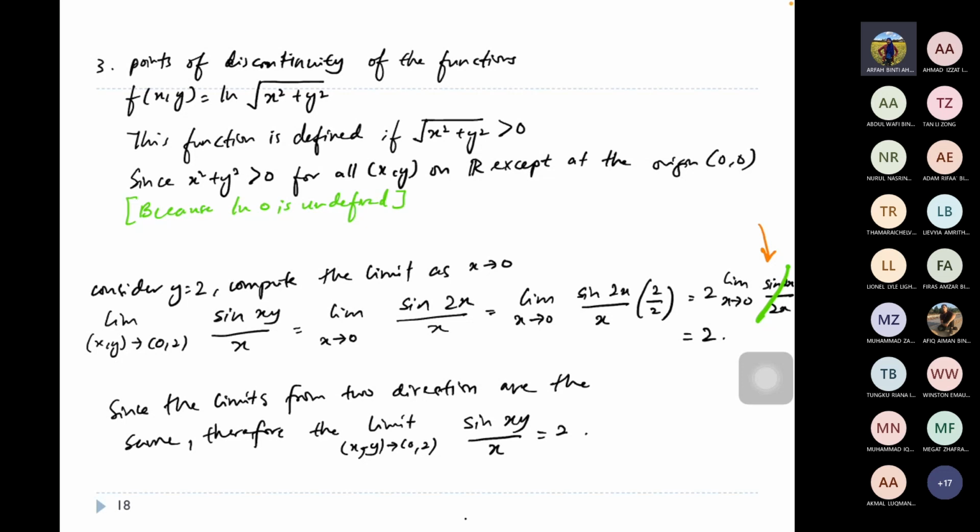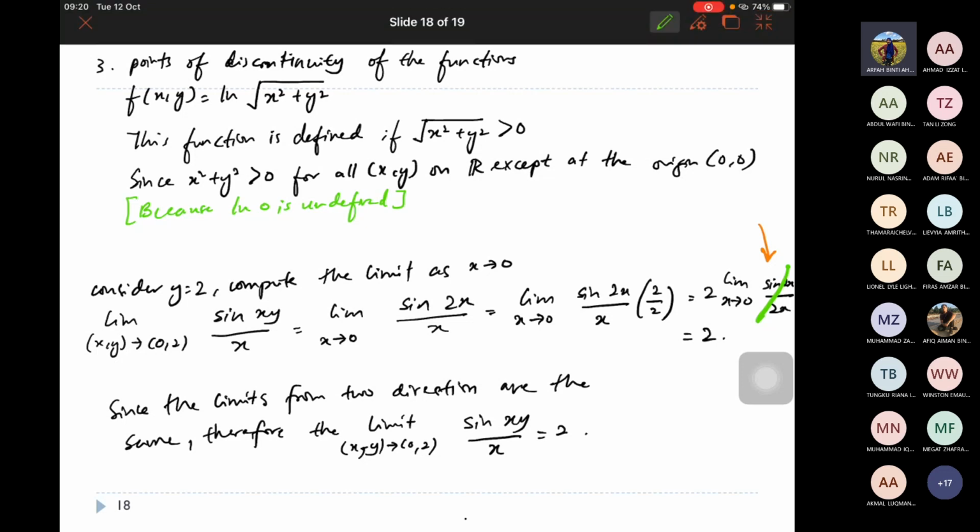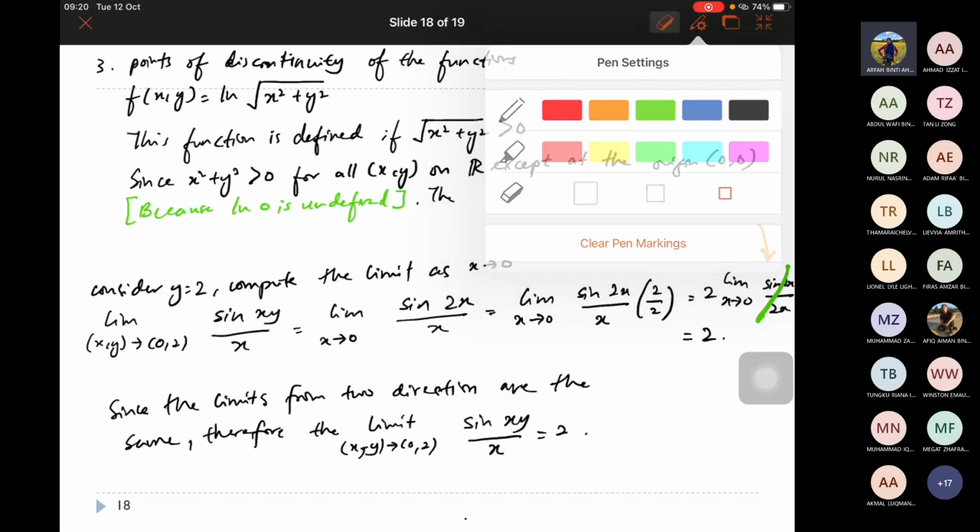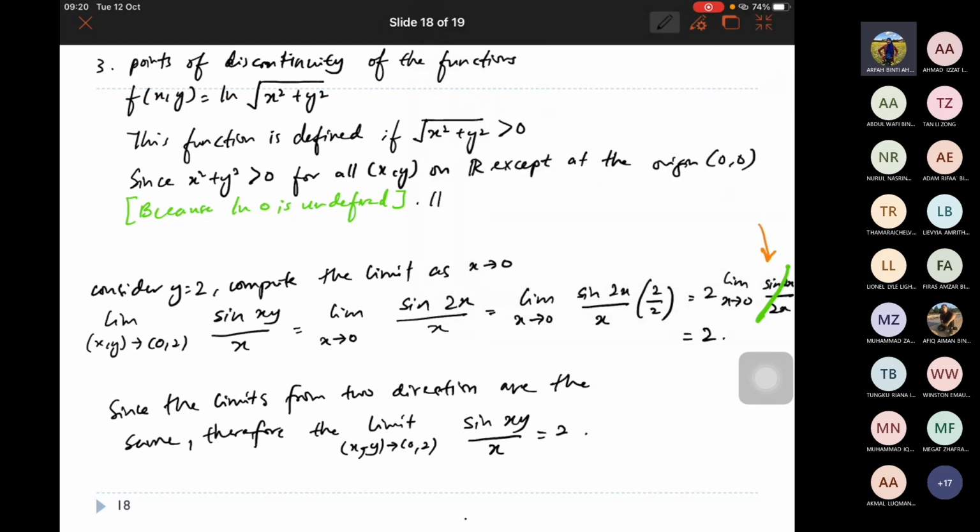So daripada sini titik dekat mana the function is, hence the point of discontinuity, okay. Hence the points of discontinuity, okay, of the function is at the origin, okay.